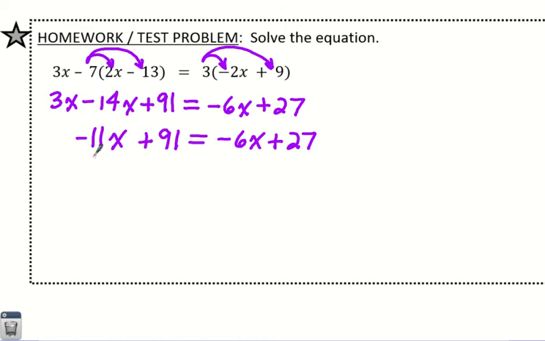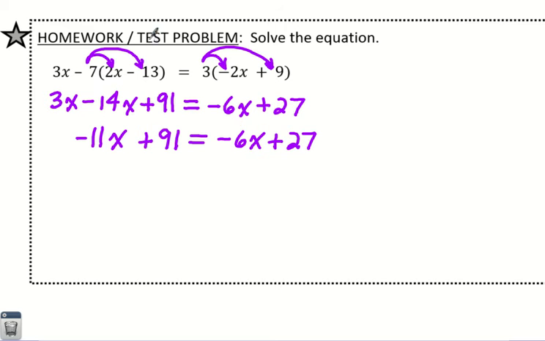Or should I add 11x to both sides, undoing the negative 11x from the left side? Again, it depends on whether you like to have your x variable always end up on the left side versus people that want positive coefficients on their x variable.